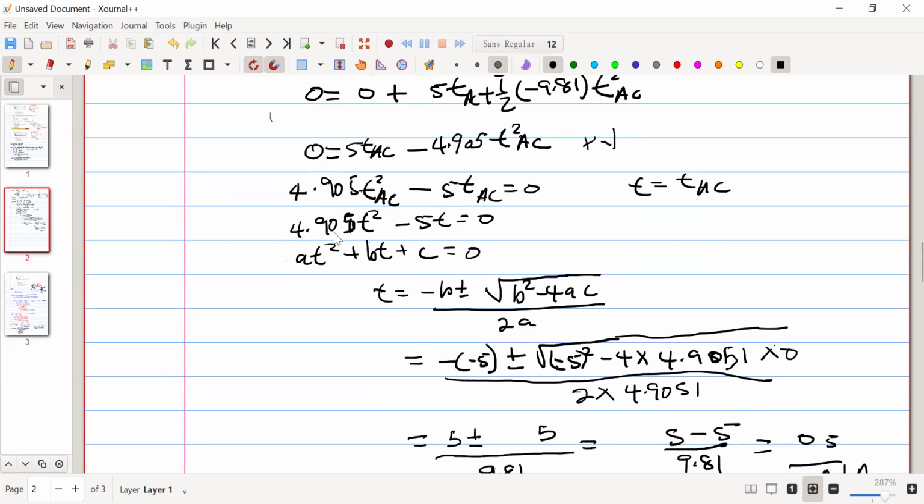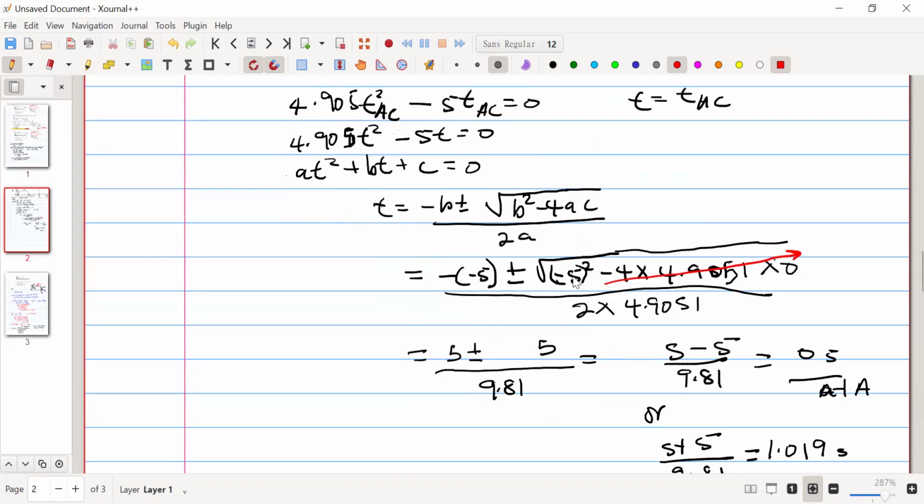So you see b is minus 5, a is 4.905. So I simply put them in this expression here. This term goes. If I was to highlight it, everything in this part of this term here cancels out. So you're left with positive 5 because this is minus.